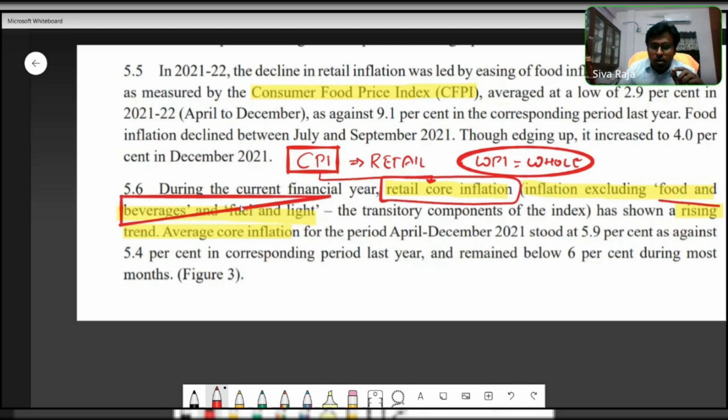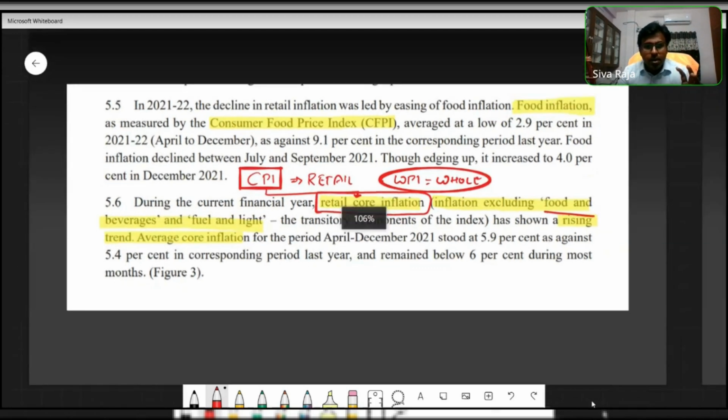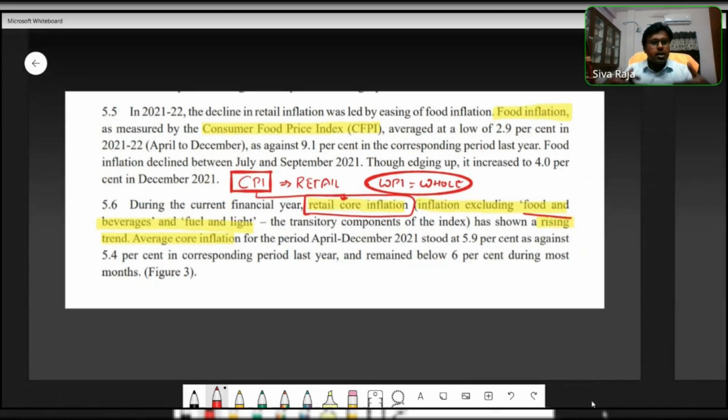If you think about it, let us assume that 100 products are there, and in those 100 products, food component is there, fuel component is there, everything. But what is core inflation? Core inflation definition: they are excluding the transitory component, and transitory means food and fuel.